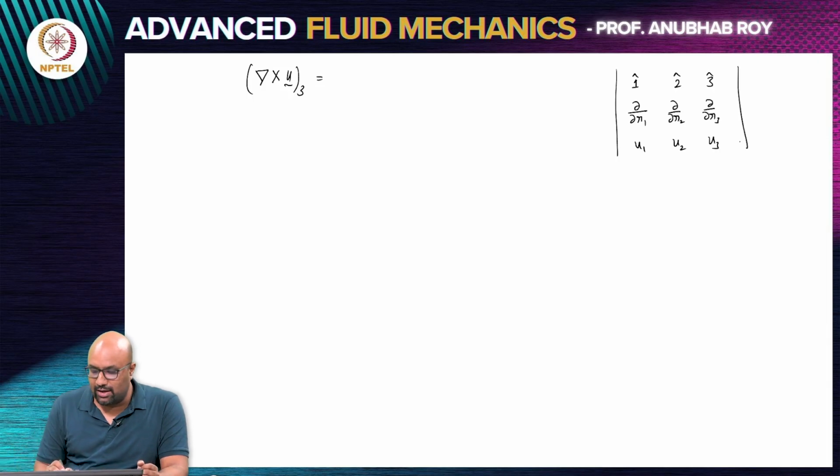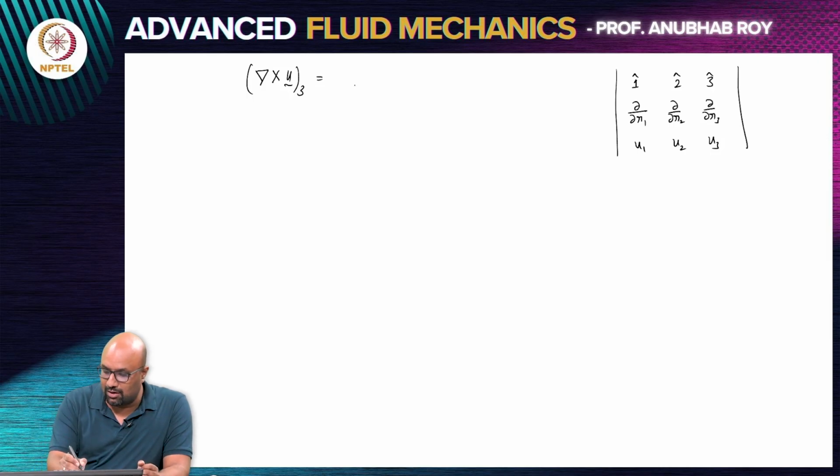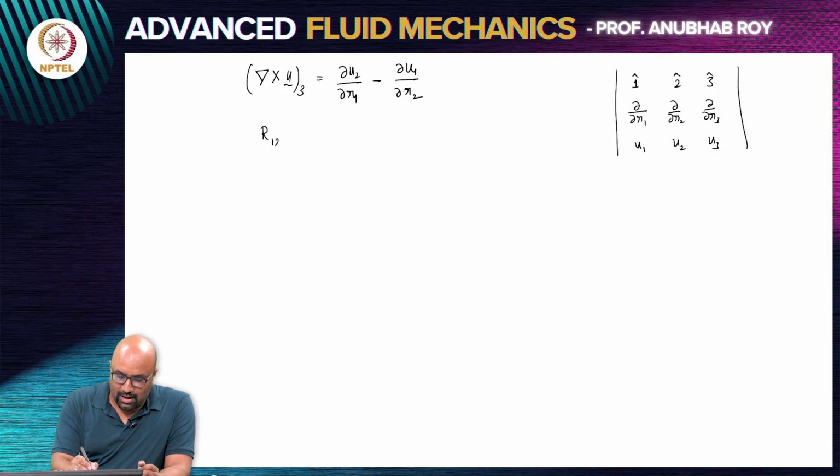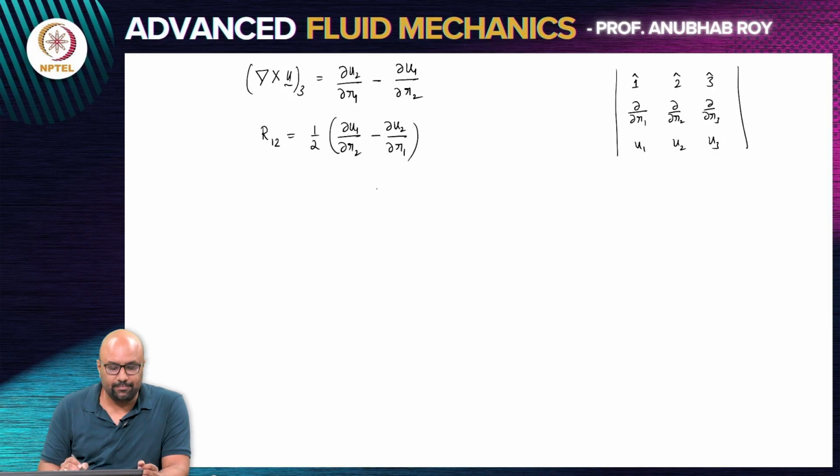So, if I want to write down the third component of curl of U, it would be ∂U2/∂R1 minus ∂U1/∂R2. And just to remind again, R12 is half ∂U1/∂R2 minus ∂U2/∂R1.